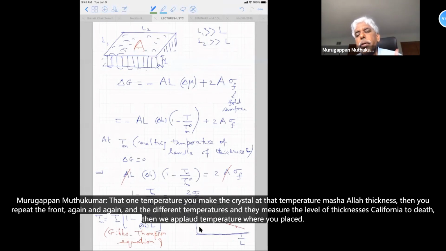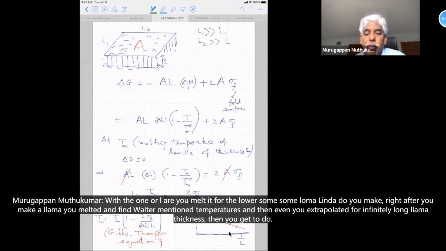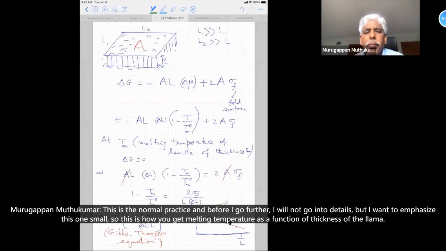Then you repeat the experiment again and again at different temperatures, and you measure the corresponding lamella thicknesses. Then you plot the temperature where you crystallized against 1 over L, or right after you make the lamella, you melt it and find the melting temperature. And then when you extrapolate to infinitely large lamella thickness, you get Tm0. This is the normal practice.